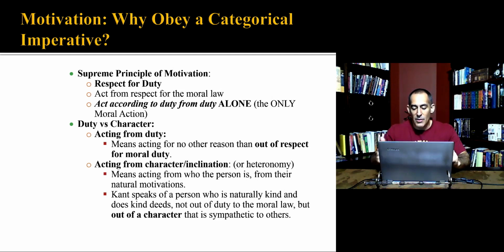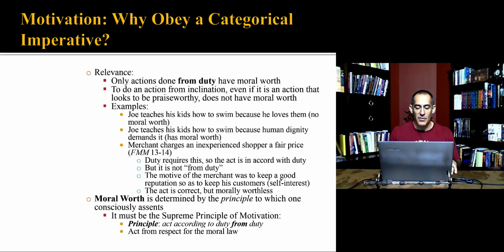So it means acting from who you are as a person, from your natural motivations. And Kant speaks of a person who is naturally kind and does kind deeds, not out of duty, but out of character. That's sympathetic to others. That's the type of person we're speaking about as a person who acts out of character. And for Kant, this just is not praiseworthy. Right? It's not anything special to do something for those reasons.